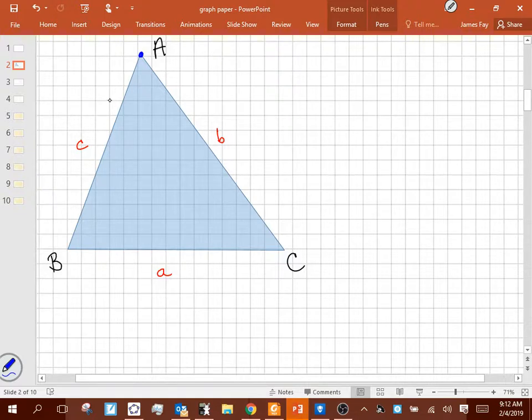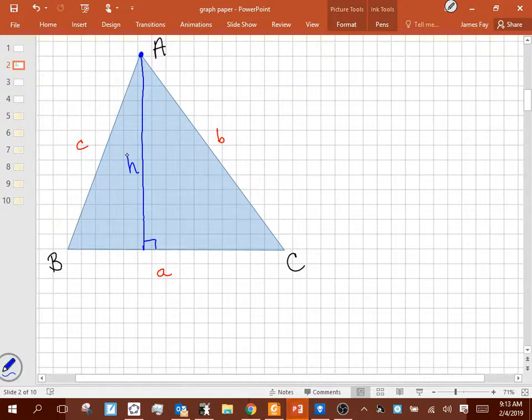One, and only one. Of the infinite segments that go from A to BC, there is one and only one that is perpendicular. I'm going to draw that one. You guys remember what you call that? We're going to label it H. What's the vocabulary word for that type of segment that goes from a vertex perpendicular to a line containing the opposite side? It's an altitude.